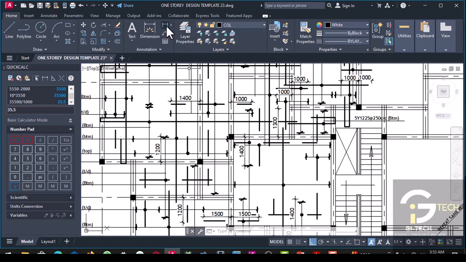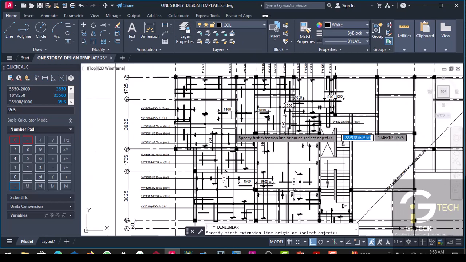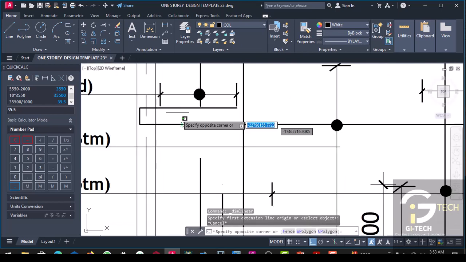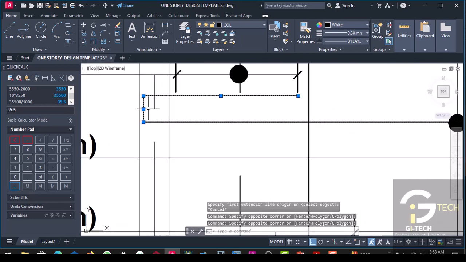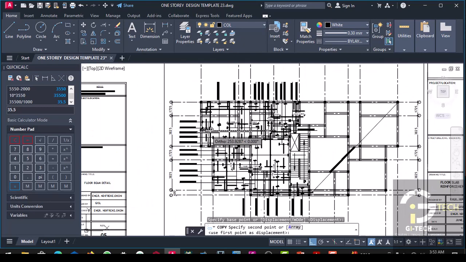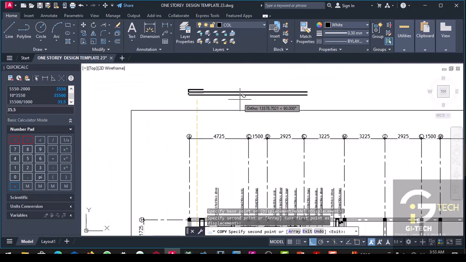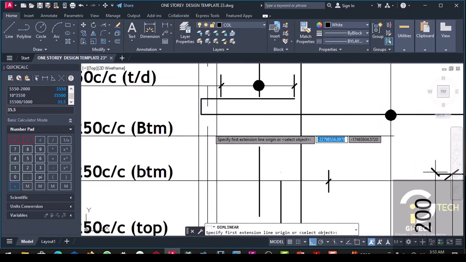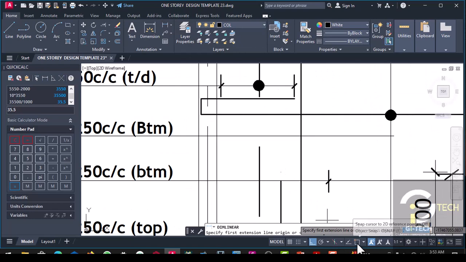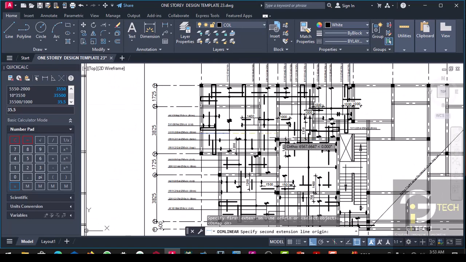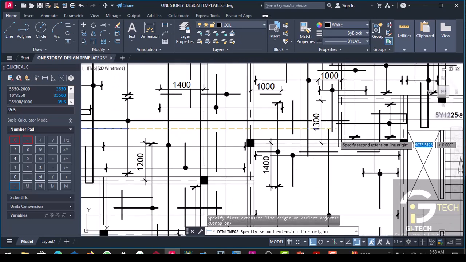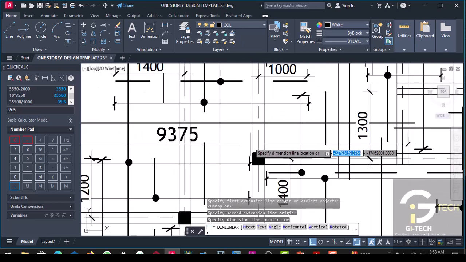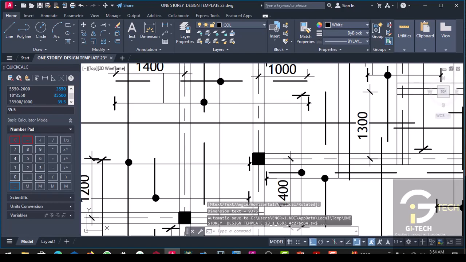So the shape of the reinforcement is like this. Let's get the length of this. We pick our dimension, and this is 9375.